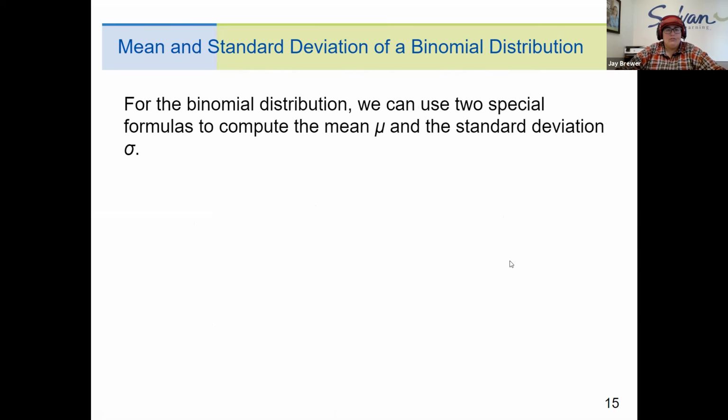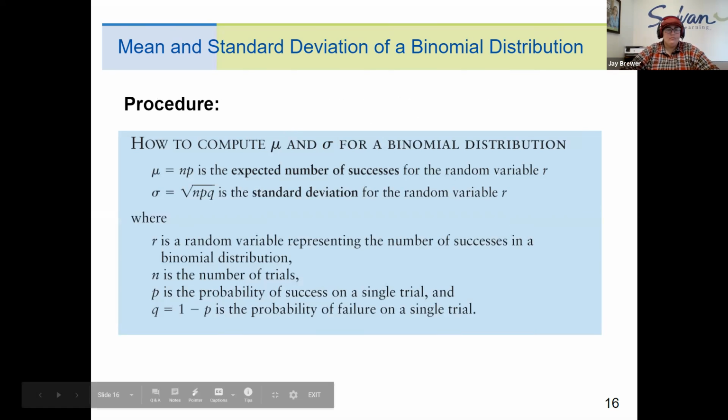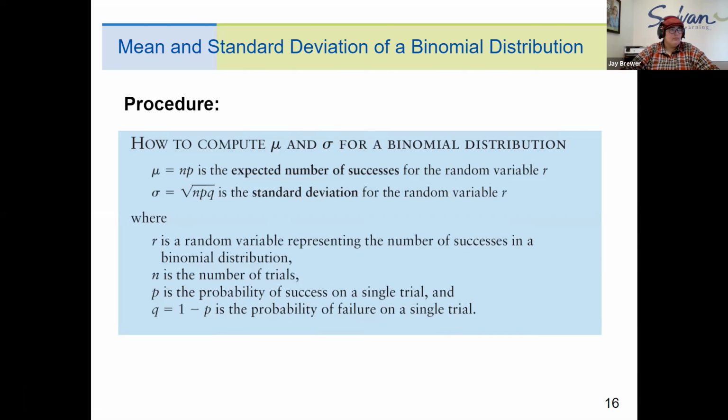For the binomial distribution, we can use two special formulas to compute the mean and the standard deviation. You guys can write this down. The mean here is a little bit different: you're just going to take n times p.